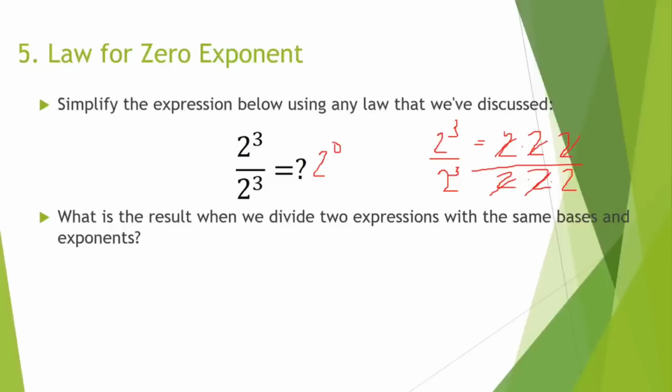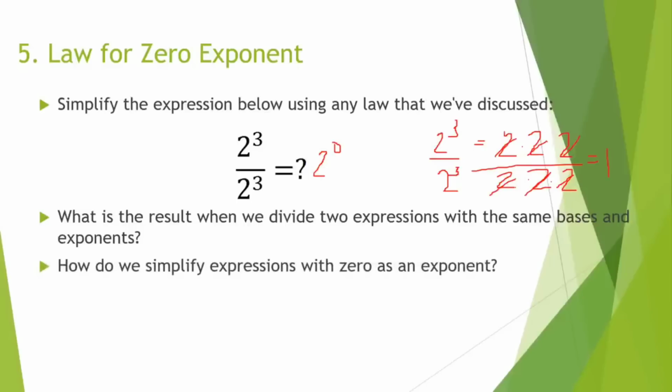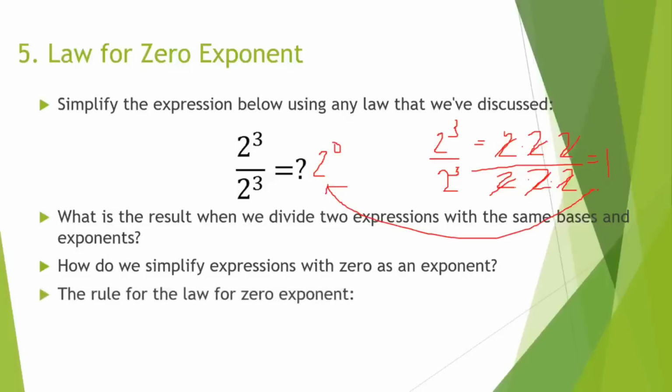After that, we are left with 1. From that, we can say that 2 raised to 0 is equal to 1. They are similar. 2 raised to 0 is equal to 1. So the law for zero exponent simply says that a raised to 0 is always equal to 1.